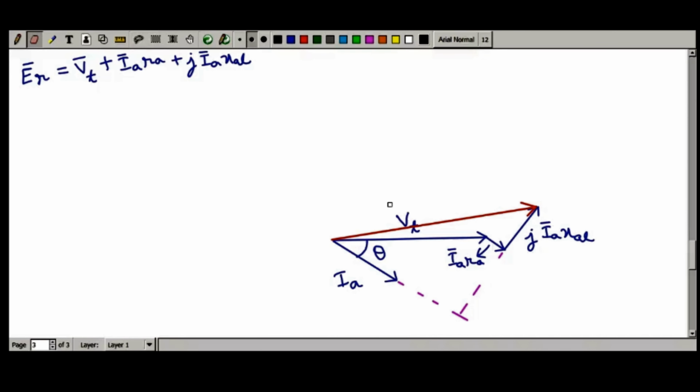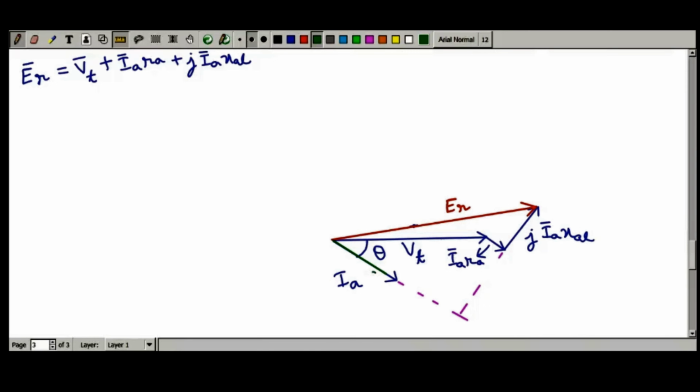Let me rewrite this terminal voltage VT. So this is my terminal voltage VT per phase, armature terminal voltage, and this is my air gap voltage ER. Now, due to armature current IA, there will be an armature flux phi A. It has to be, because there is armature MMF due to armature current.